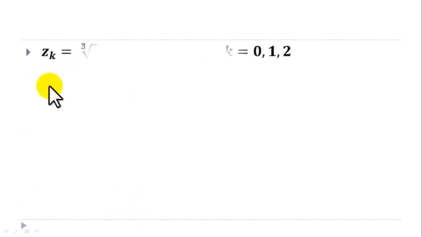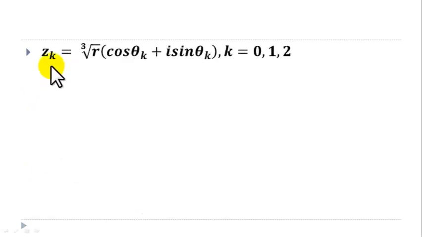So we recall that our cube root zk is equal to the cube root of r into cos theta k plus i sin theta k, for k equal to 0, 1 and 2.